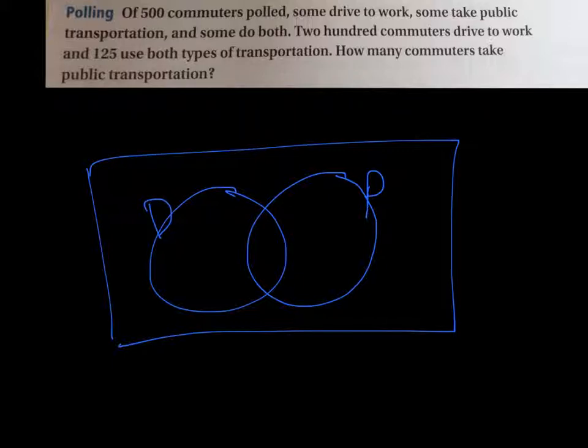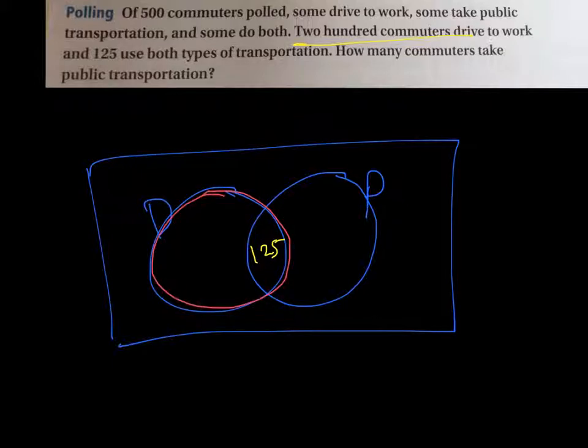So we have 200 commuters who drive to work. And 125 use both types of transportation. So that's our first absolute. 125 use both types of transportation. Well, let's back up. We have 200 that drive to work. So we already have 125, right, in this circle here.